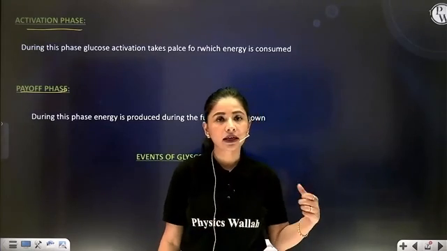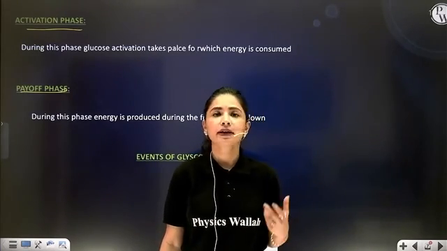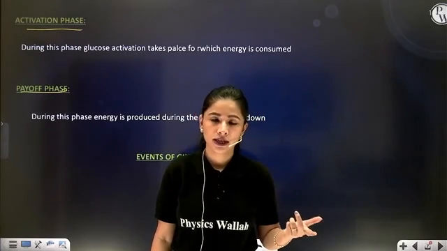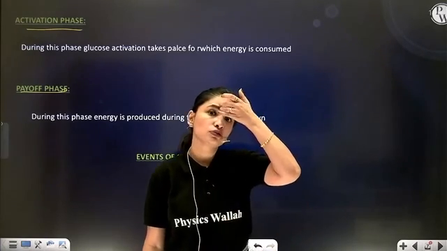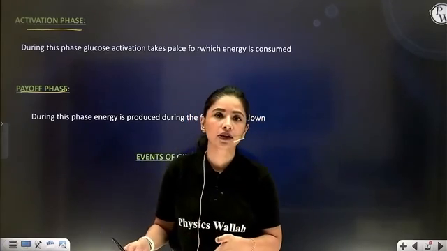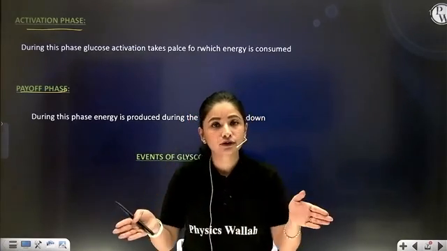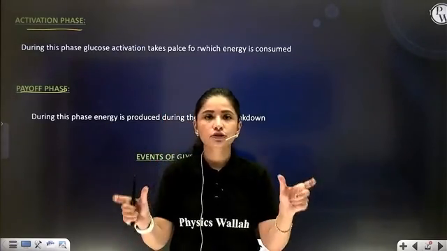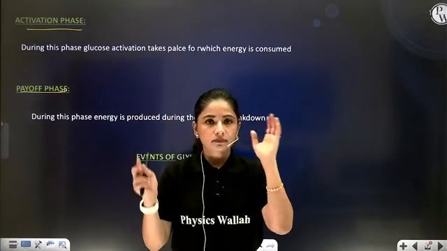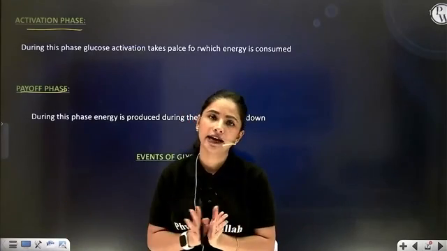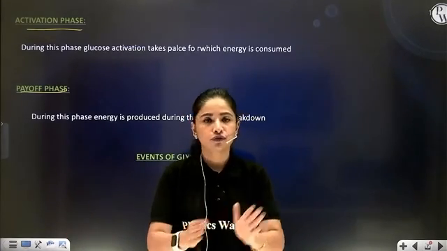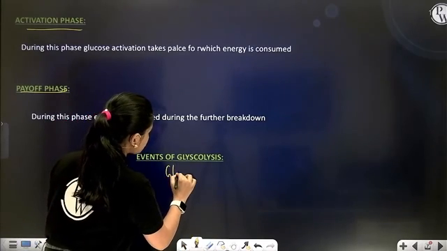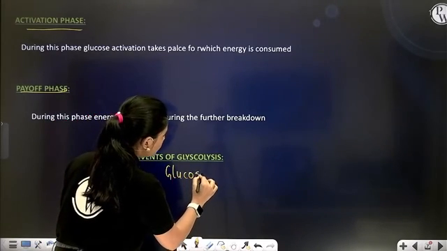Here I am taking glucose as my respiratory substrate. Even if the question is asked for sucrose, you should know that sucrose will also undergo glycolysis, but first it will break down into glucose and fructose, and these two will then separately join glycolysis. So I'm going to start my pathway with a 6-carbon compound, glucose.